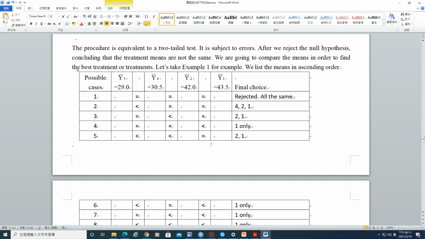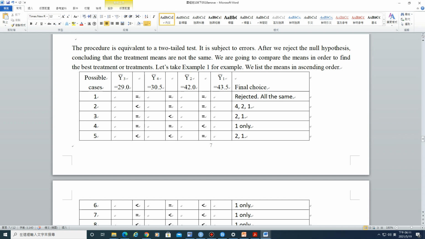If the difference is not significant, then we conclude that the two share the first place. And oh yeah, there is another one, 30.5. So it's our job to conclude whether the difference is significant.